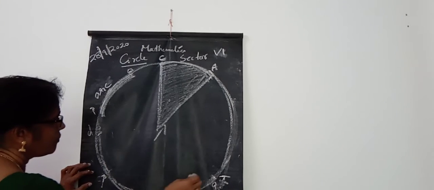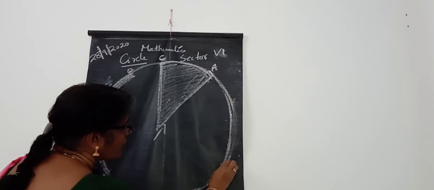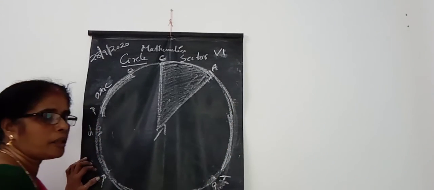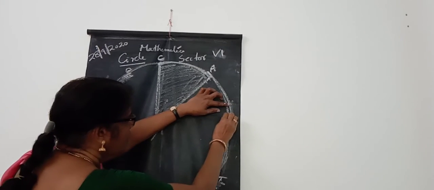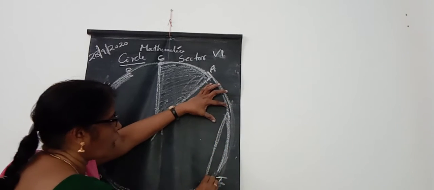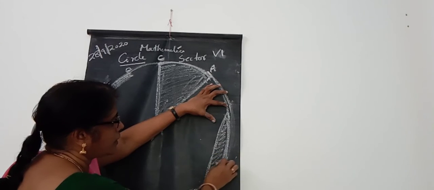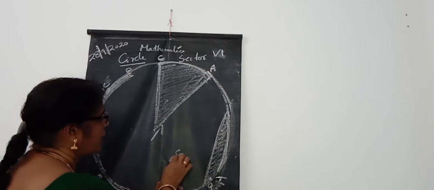an arc. One side is an arc, and in the interior region of the circle, it is joined with a chord. This part we can call a segment. This one is the segment.